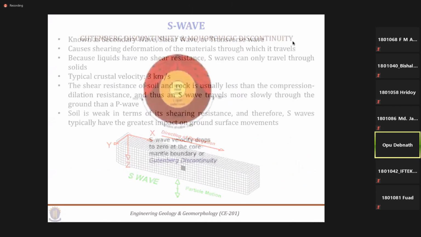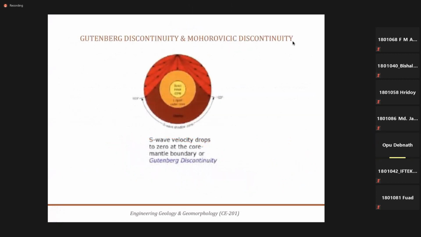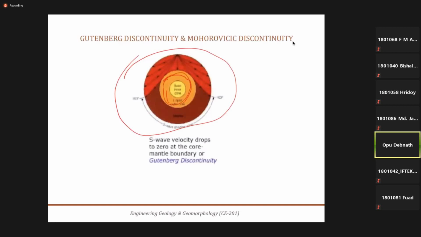Okay, so this is the illustration. If an S wave comes, what will happen? The S wave velocity drops to zero when the core or mantle has a liquid portion. Suppose this orange portion is the liquid portion. Consider this is the propagation point, and the S wave is coming here, moving.